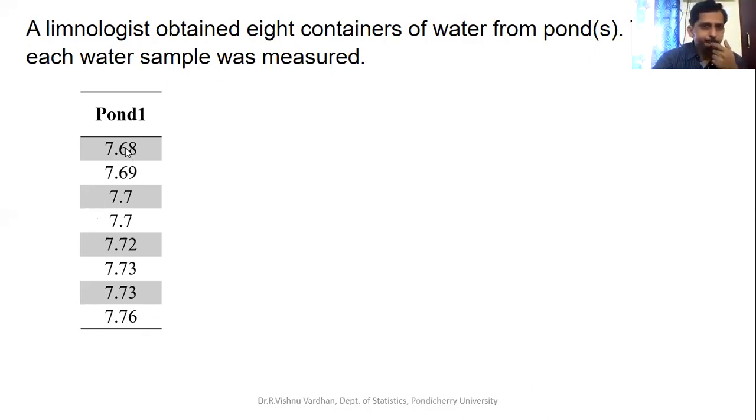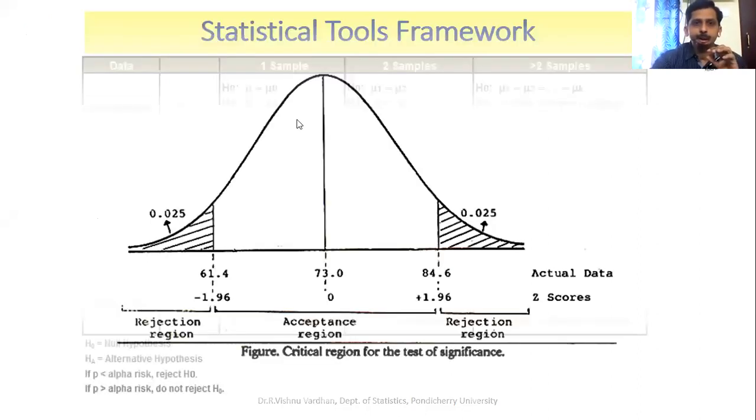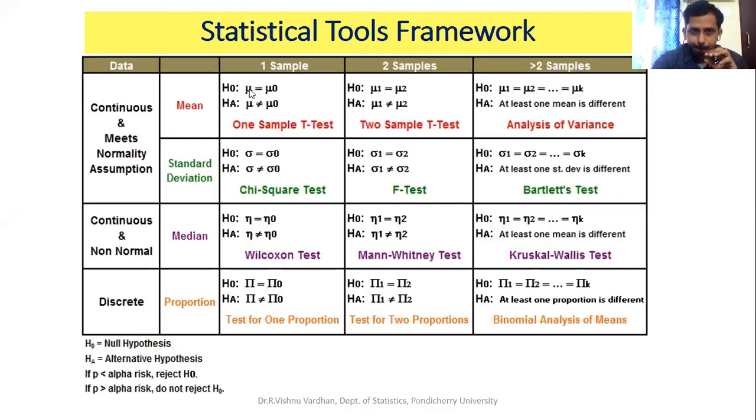When we have this, the null hypothesis is mu equal to mu naught. The alternative hypothesis is mu not equal to mu naught. This is my mu, defined in terms of sample values, that is x bar equal to mu naught.